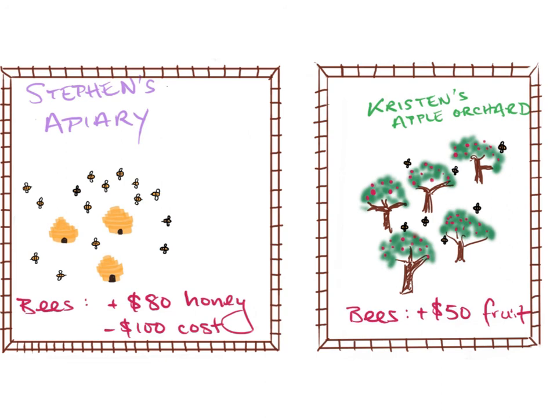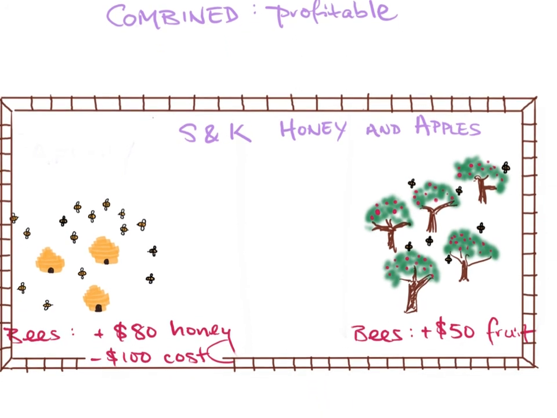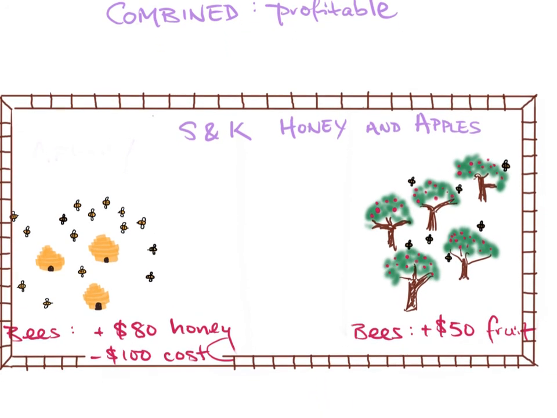Now, a solution is what I describe as integration. What if Stephen and Kristen decide to merge their two farms and say, we're going to run this business together? Here, the combined farm has the bees, same amount of honey produced, same cost.